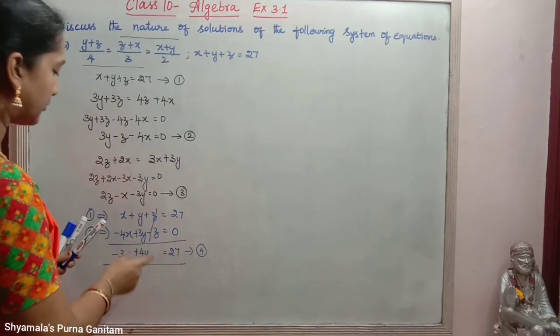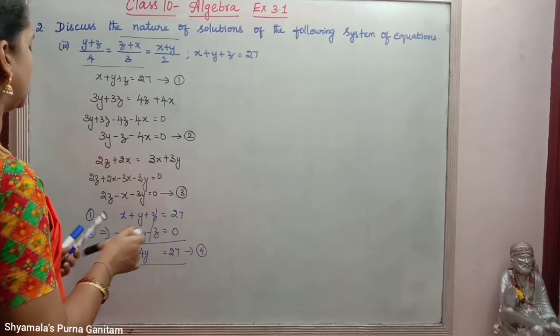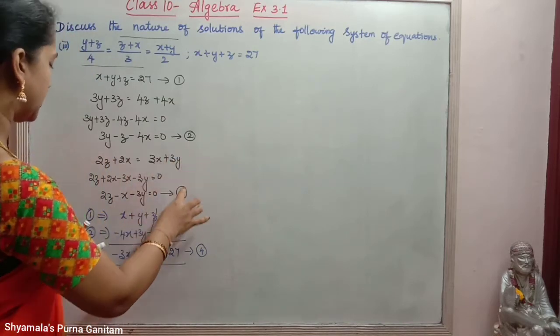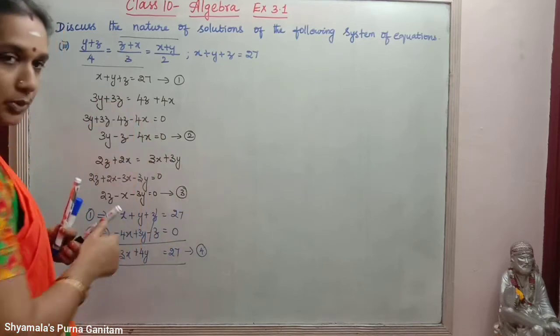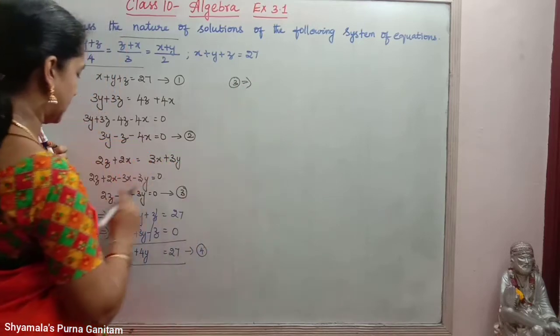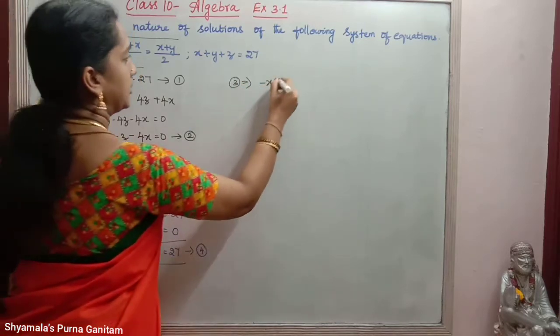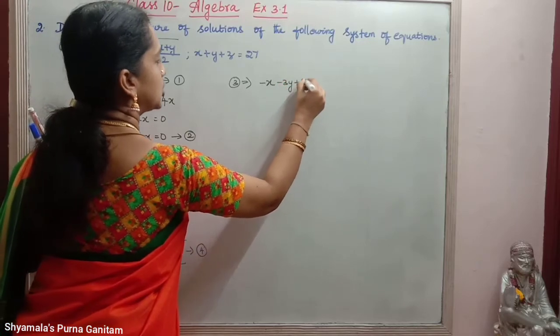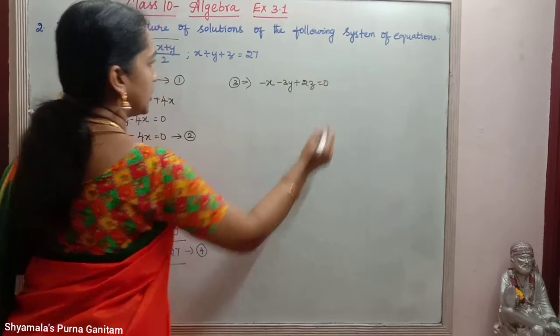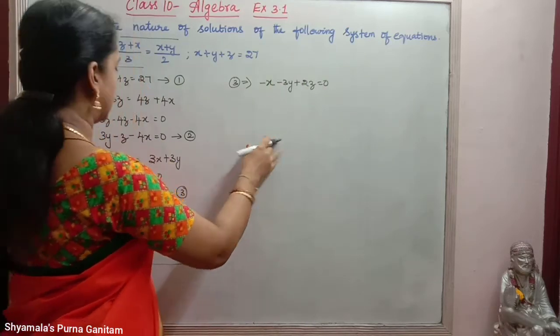Okay, now I have to get another equation with x and y variables alone. So I am taking the second equation and third equation. The third one, in order, I will write: minus x minus 3y plus 2z is equal to 0. In the second equation also z has to be cancelled.